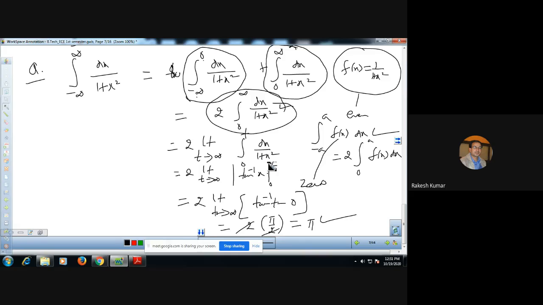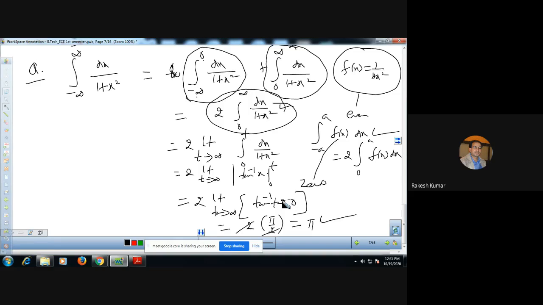So this is the method to find out the value of definite integrals which are improper. So improper integrals can easily be solved by this method. Now, how are this type of integrals different from the ones we solved in the previous lecture?